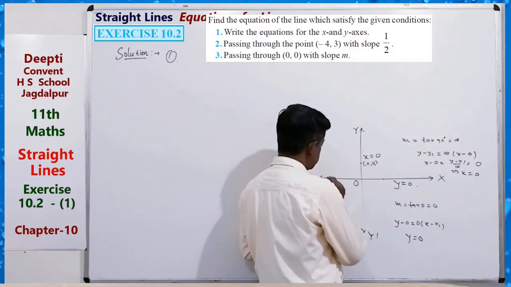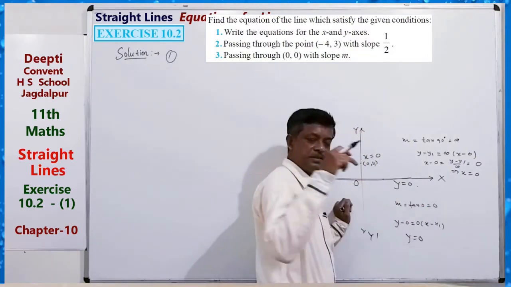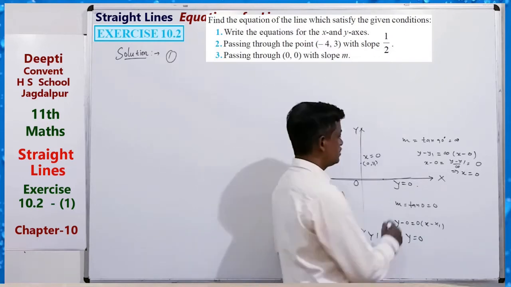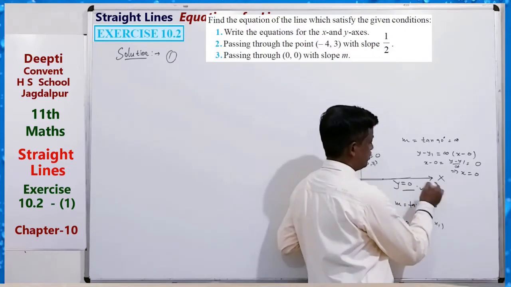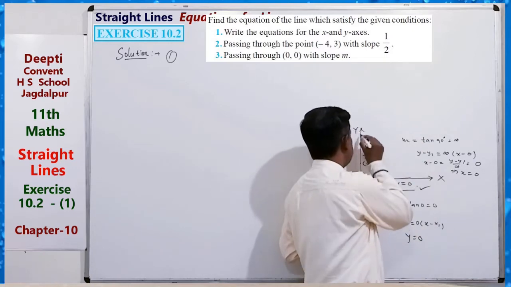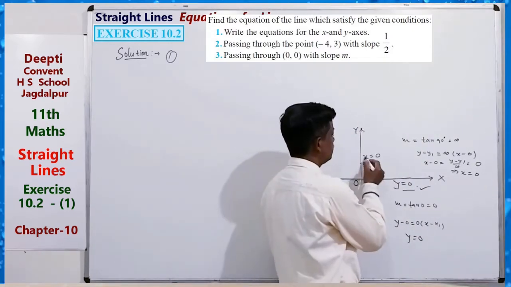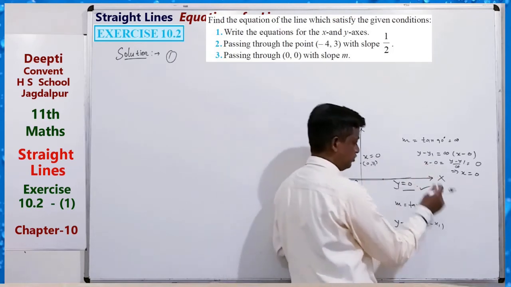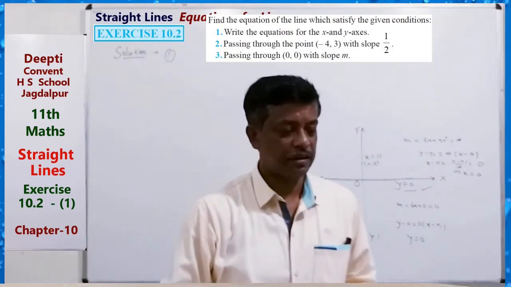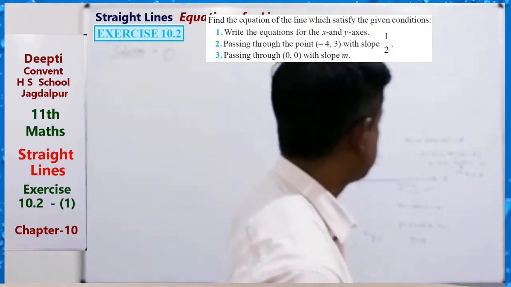Also, the distance of the x-axis from the x-axis is 0, so that is y equals 0. The distance of the y-axis from the y-axis is 0, so x equals 0 is the equation of the y-axis.